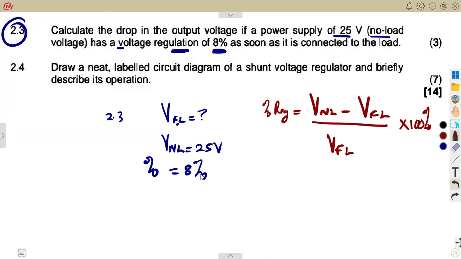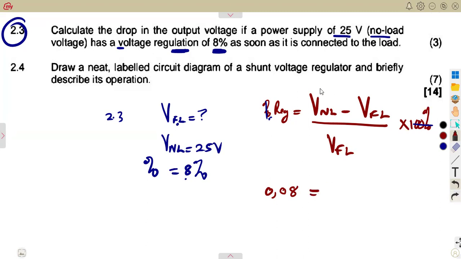This was given as 8%, guys. The moment you divide the percentage by 100, you use it as a decimal. Or you can just write 8 over 100, then you divide. Or you just write 0.08. You have already divided by 100.